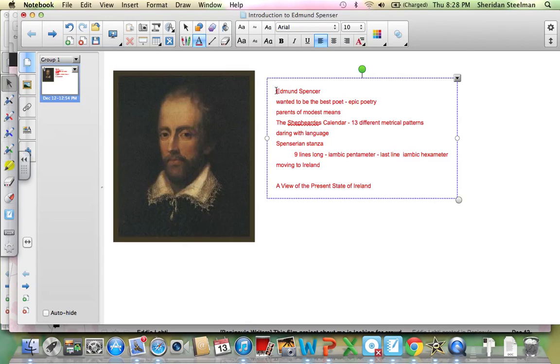He did other things. One very important poem that he wrote is something called an epithalamium, which is a wedding song. And I believe I mentioned this once before.